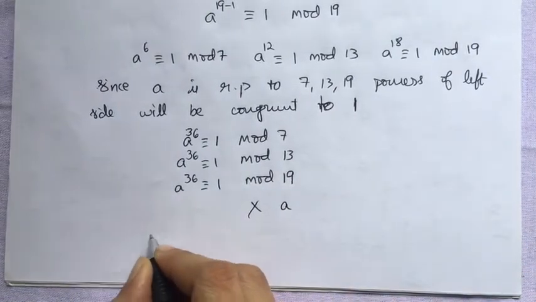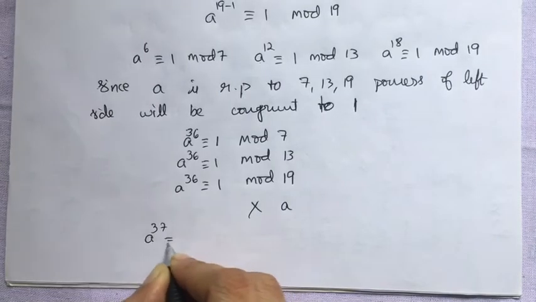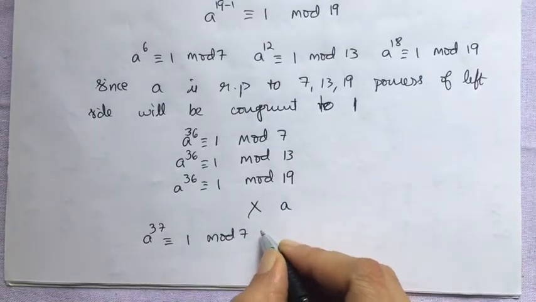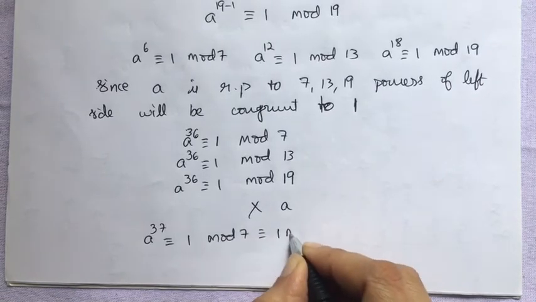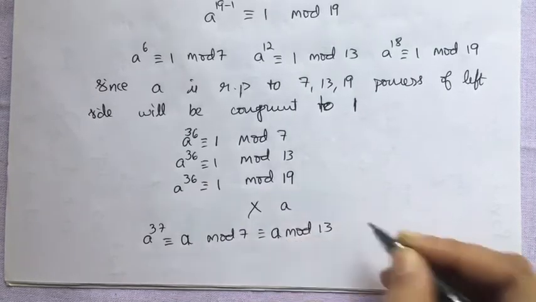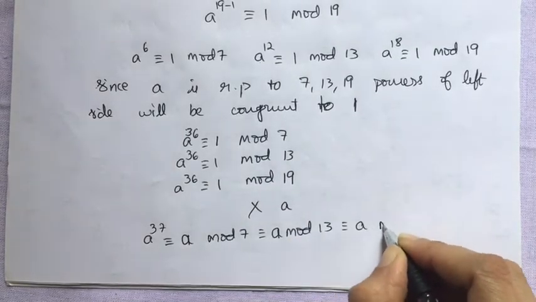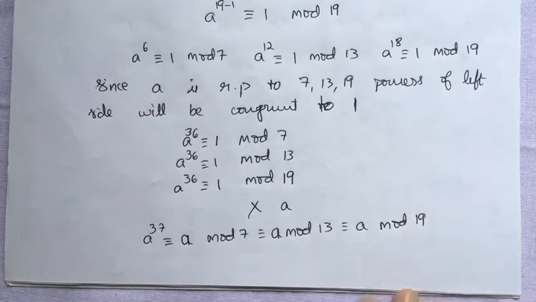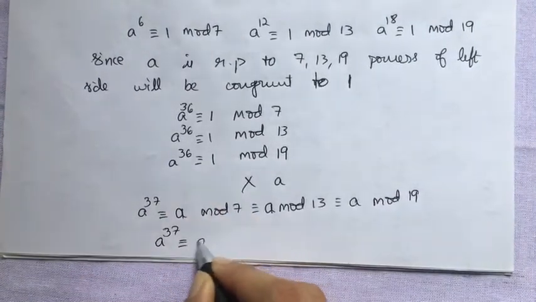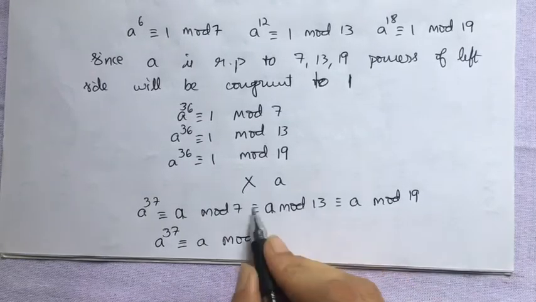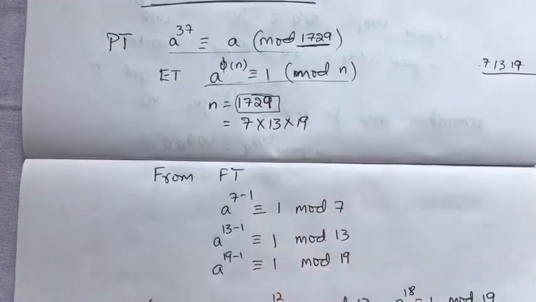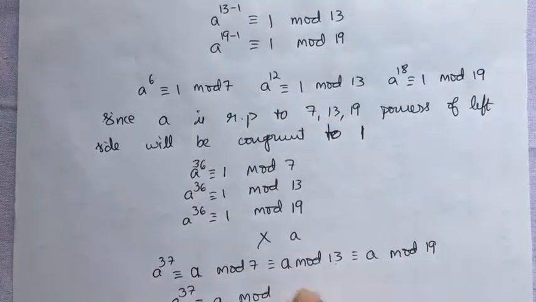So that I am getting a power 37 is congruent to a mod 7, a mod 13, and also congruent to a mod 19. In fact, I can write a power 37 is congruent to a mod 7 into 13 into 19, which is nothing but 1729.